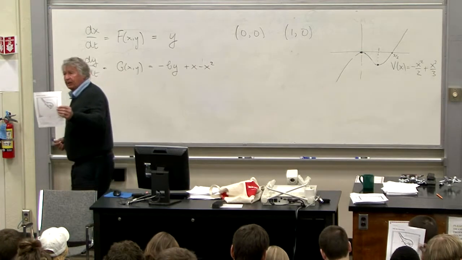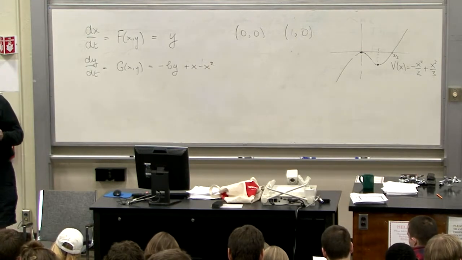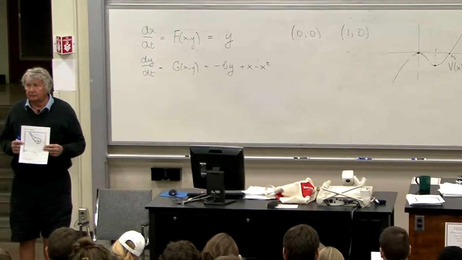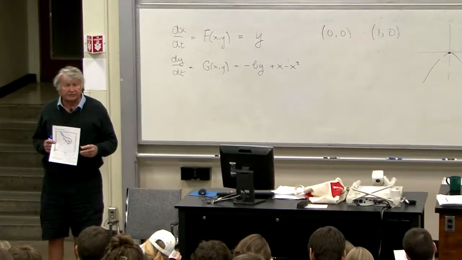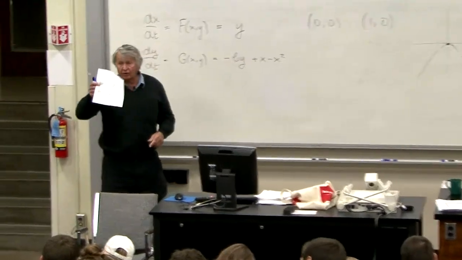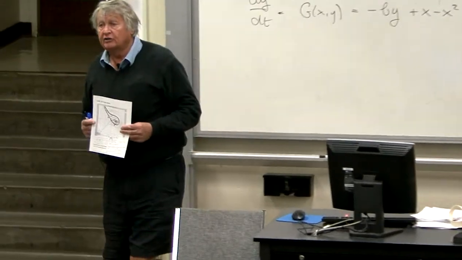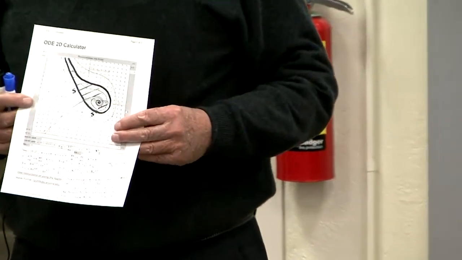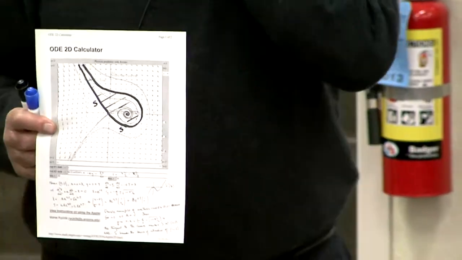This is the phase plane for this particular autonomous system, for this particular case, when I've picked the B, I called it E here, equal to 0.3. So there's a little damping.